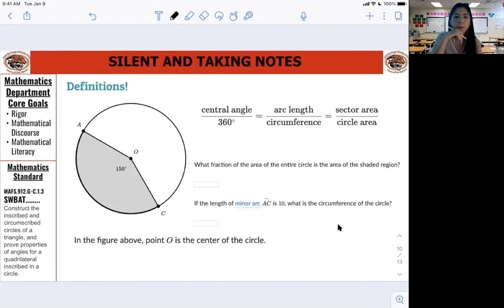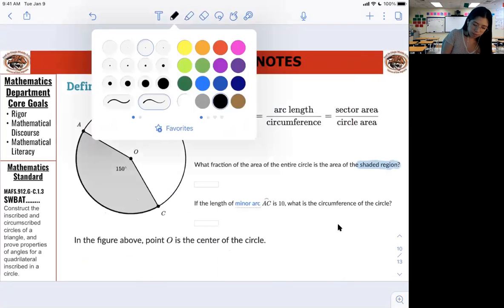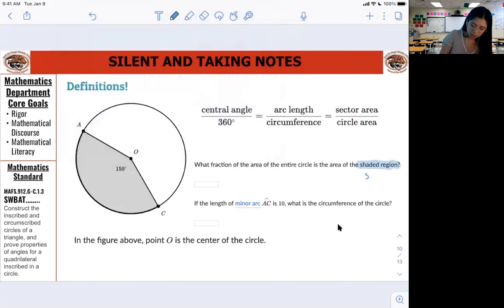Then, here we go. What fraction of the area of this entire circle is the area of the shaded region? So now we're looking for the shaded region. What do we call the shaded region again? The sector. So we're looking for the sector. Okay, and then what do we know about this?